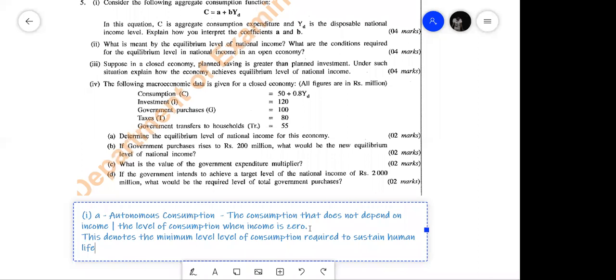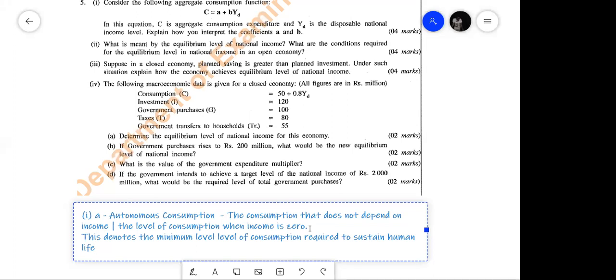What does that mean? If you practically look at it, even when income is 0, we are spending something on consumption. You're earning almost nothing, but you're still spending some amount. Let's say you lost your job this month, but you're still spending something on consumption.